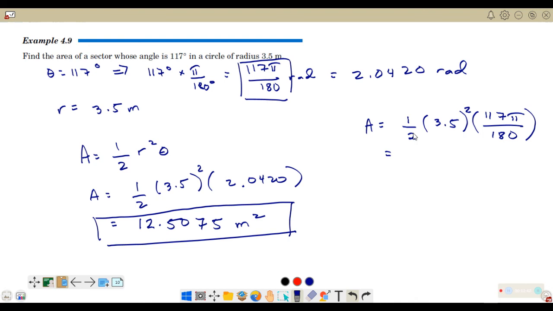We have 1 times 3.5 squared times 117. You will end up with 5,733 over 4.